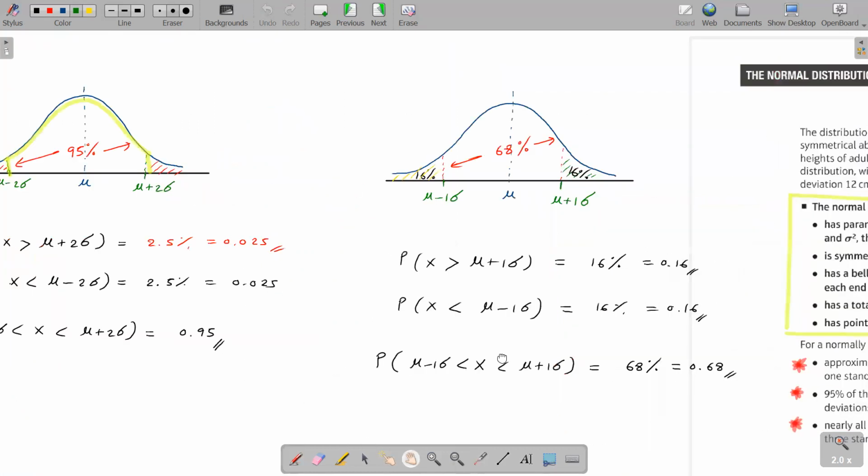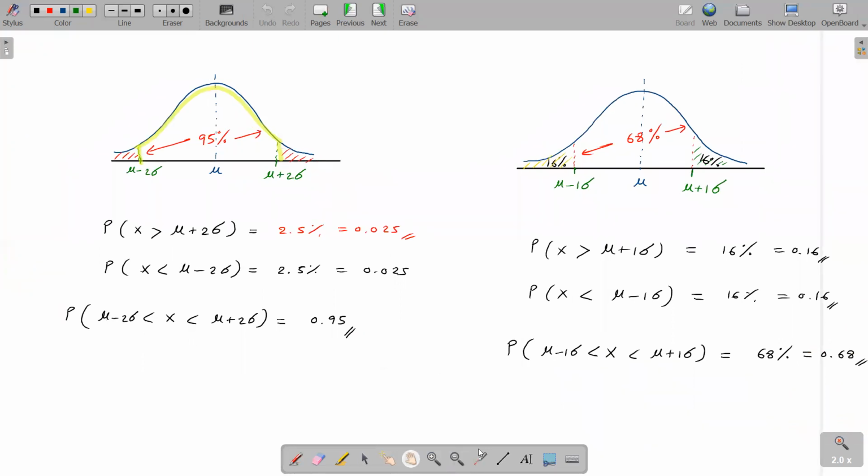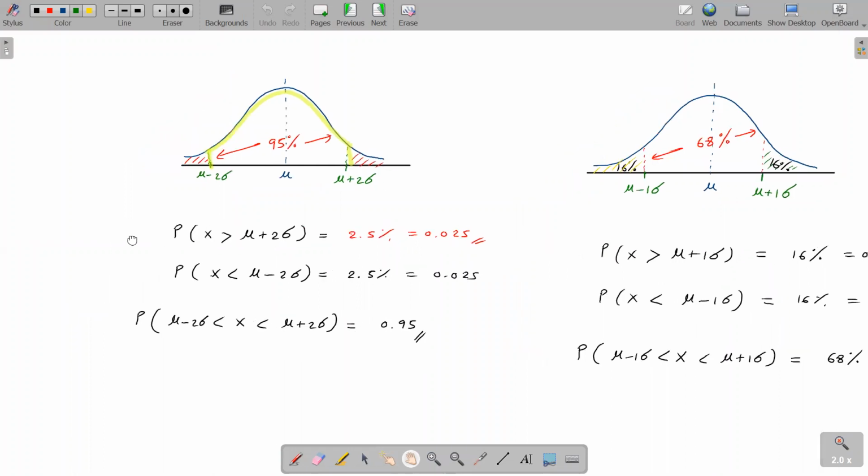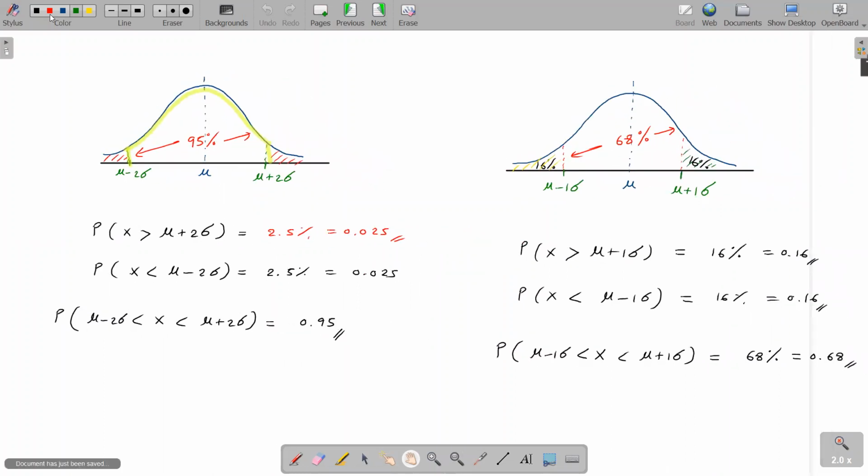And if you have the area within two standard deviations of the mean, can you see that the area greater than mu plus 2 sigma is 2.5%, and the area behind mu minus 2 sigma is also 2.5%? Do you see this?